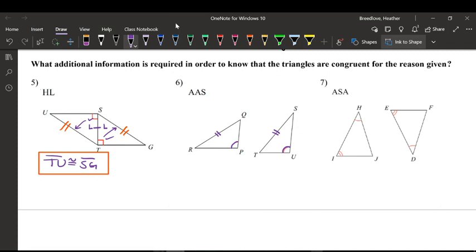So really we can say this either way. There's two answers here. It could be that angle R is congruent to angle T. That's one answer, because then we would have angle, side.